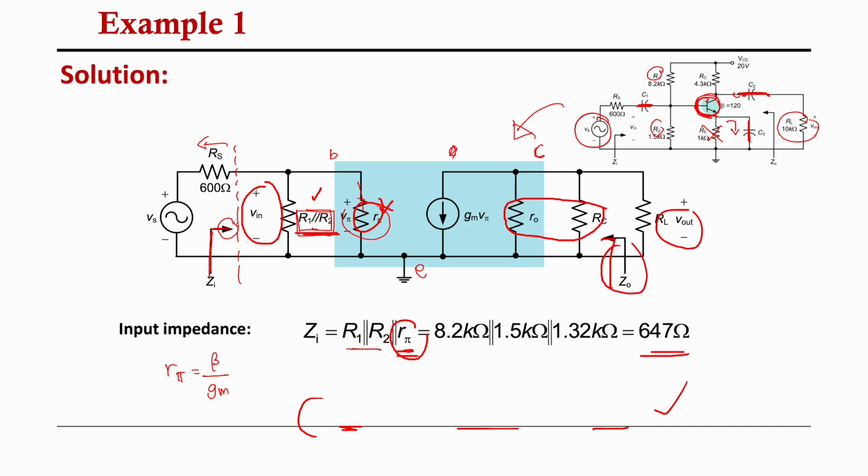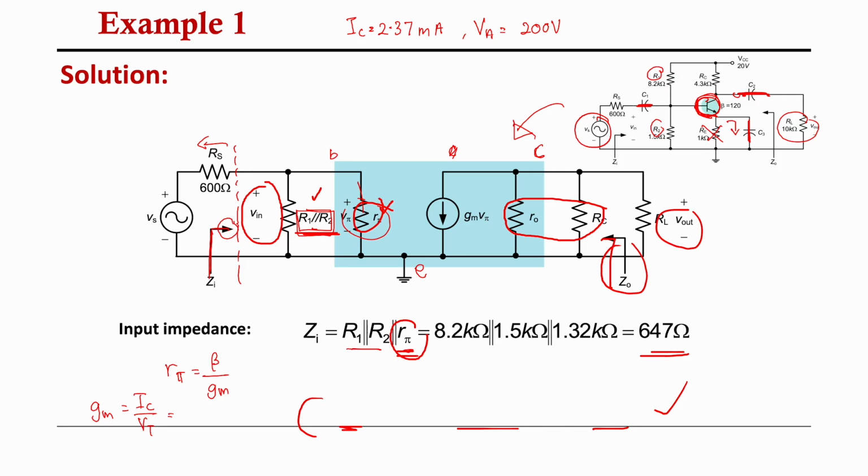They only mention that IC is equal to 2.37 milliampere, and VA is equal to 200 volts. This is the only information that has been provided to us. So we need to calculate the value of GM. GM is equal to IC over VT.